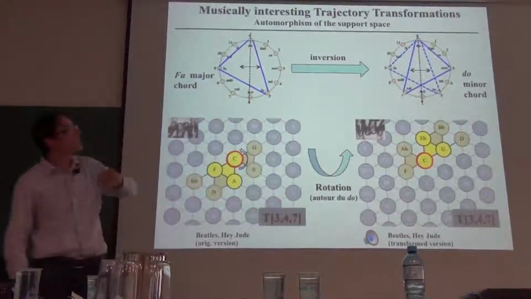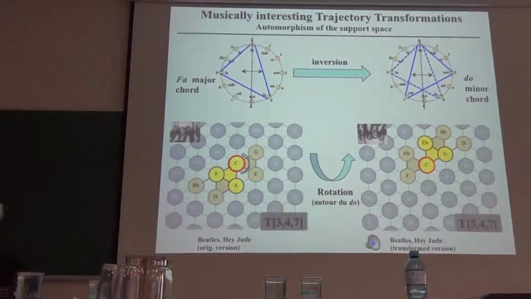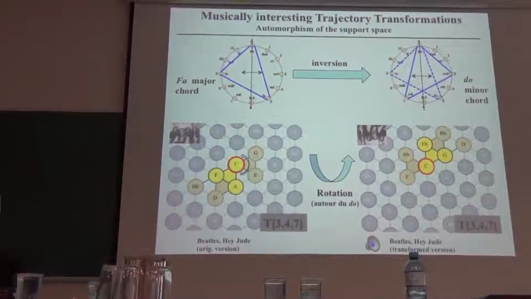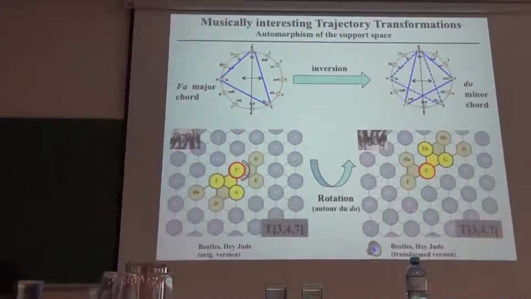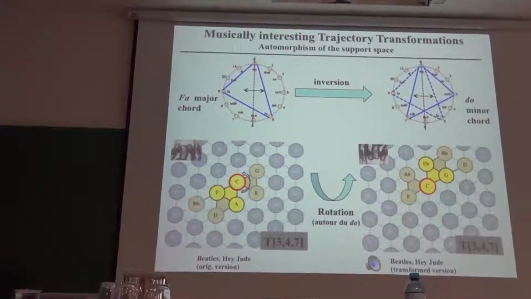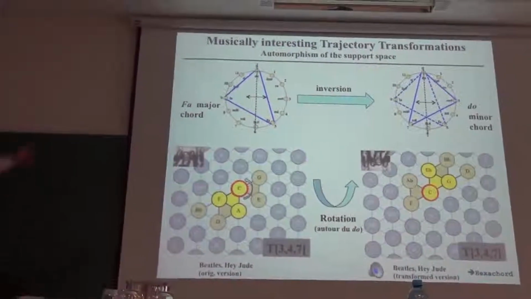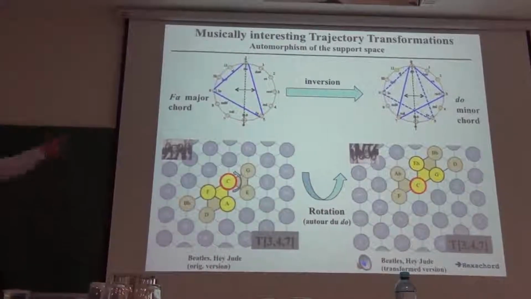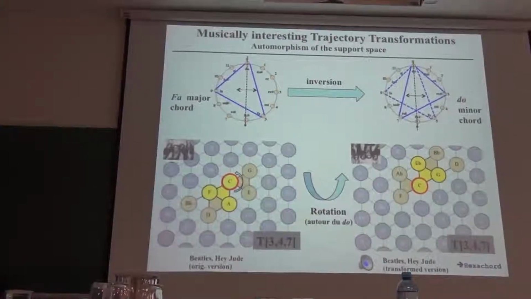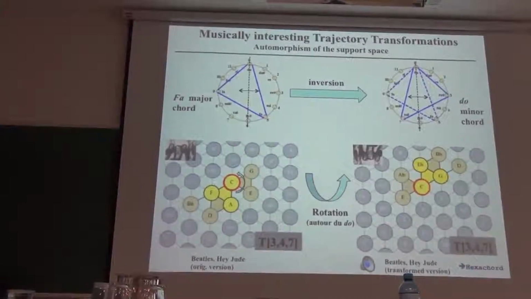So every F major chord becomes a C minor, and also the melodic interval. So F major becomes a C minor chord.